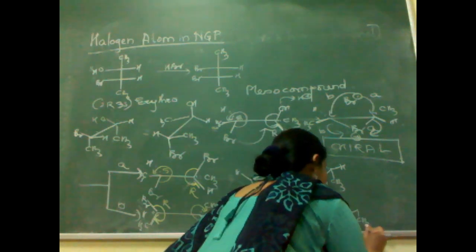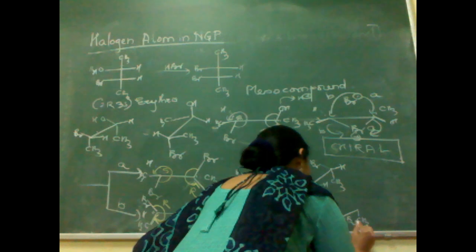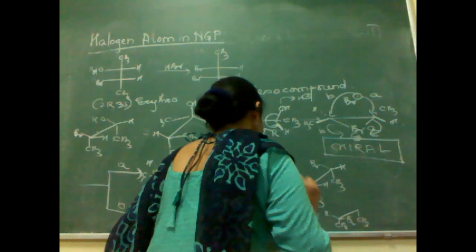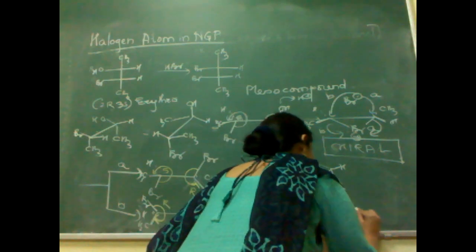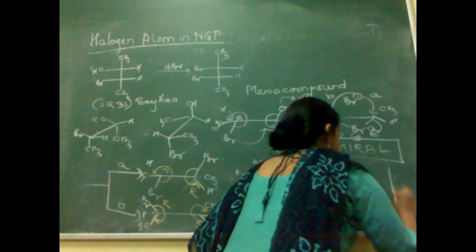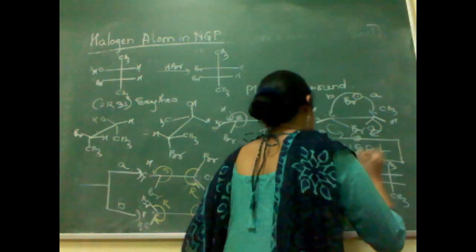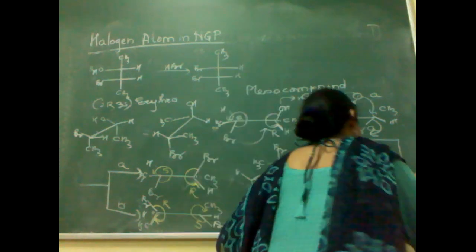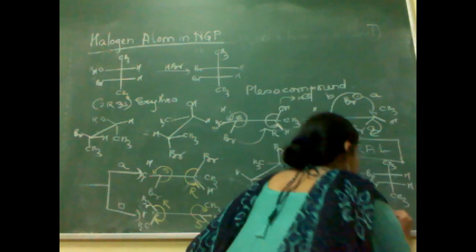So methyl group, then bromo group, you have this hydrogen, then this hydrogen, and this bromo group. So this is methyl group, this is methyl group, then hydrogen, hydrogen, bromo group, bromo group.